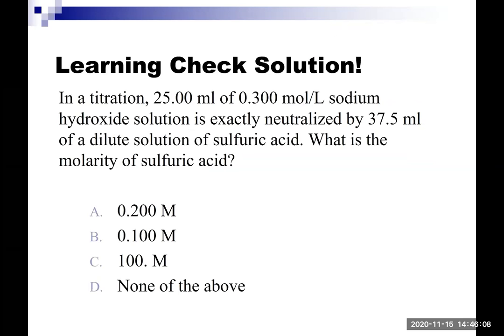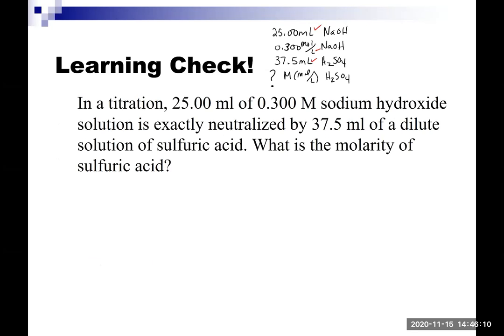So if we start with the balanced reaction equation, then we have H2SO4 reacting with NaOH. And that's going to give us a salt, which is going to be sodium sulfate, and water.